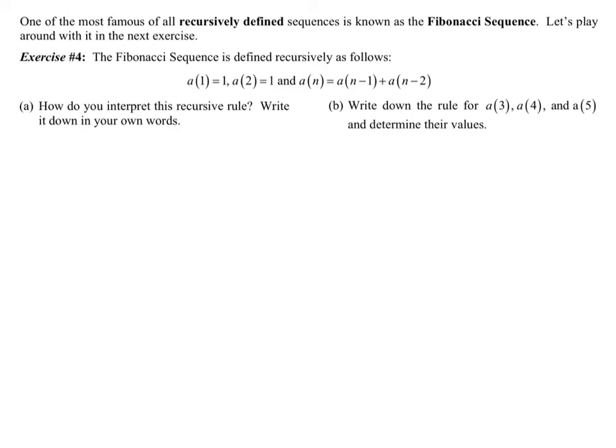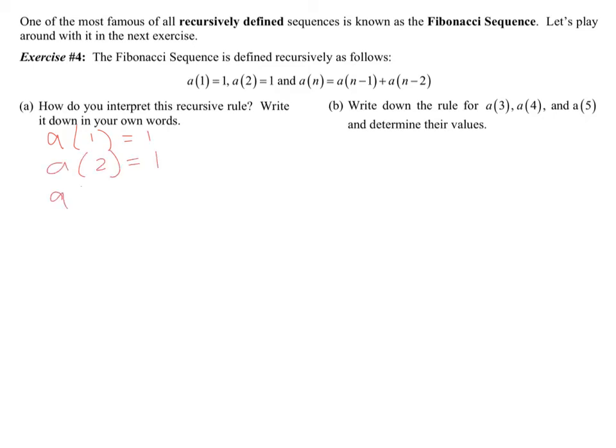One of the most famous of all recursively defined sequences is known as the Fibonacci sequence. So let's play around with it in the next exercise. The Fibonacci sequence is defined recursively as follows, where the first term is 1, the second term is 1, and a of n equals a of n minus 1 plus a of n minus 2. So how do you interpret this recursive rule? Our first 2 elements are 1.